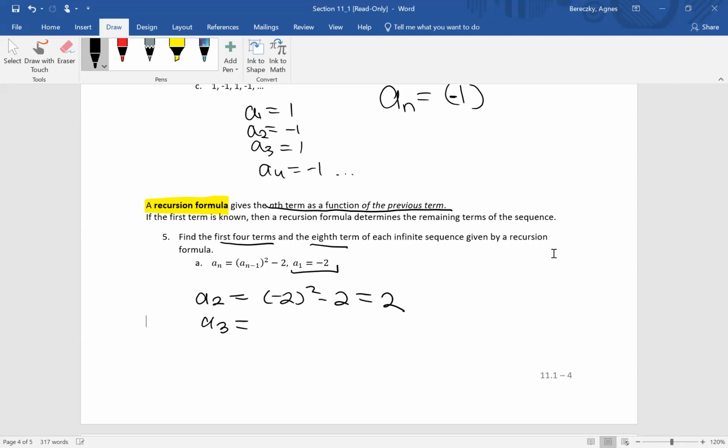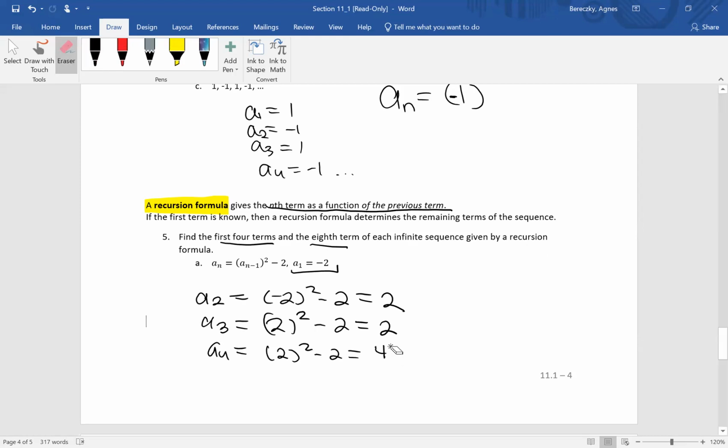A3 will be the previous term squared, so 2 squared minus 2, which will be 4 minus 2, which is 2. A4 will be the previous term, which is 2, squared minus 2. So that's going to be 4 minus 2, which is 2. So we find the first four terms. As we see the pattern, if I keep going, every term ends up being 2. So the 8th term will also be 2.